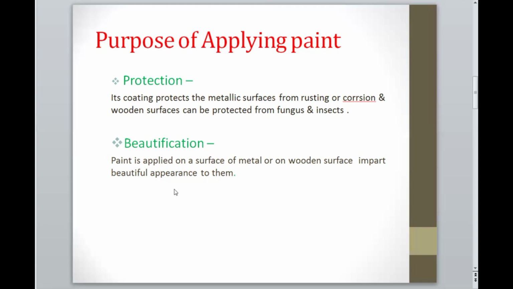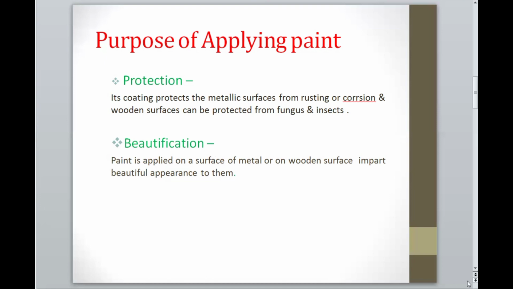When we apply paint on metallic or wooden surfaces, the surface gets a smooth and beautiful appearance. So that increases the beauty of those metallic or wooden surfaces. This is also a main purpose of applying paint on surfaces.